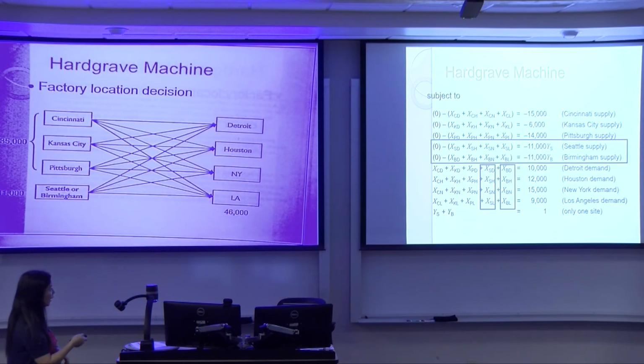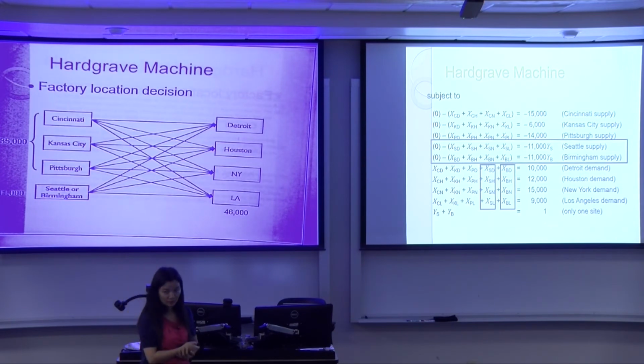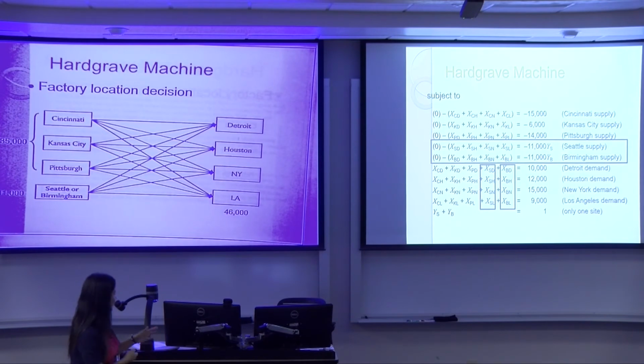So in the Seattle supply, the left side is the same. You have the inflow as 0, and outflow to SD, SH, SN, and SL. However, for the right-hand side, if you open a new plant in Seattle, then the Seattle plant has to supply 11,000 units.